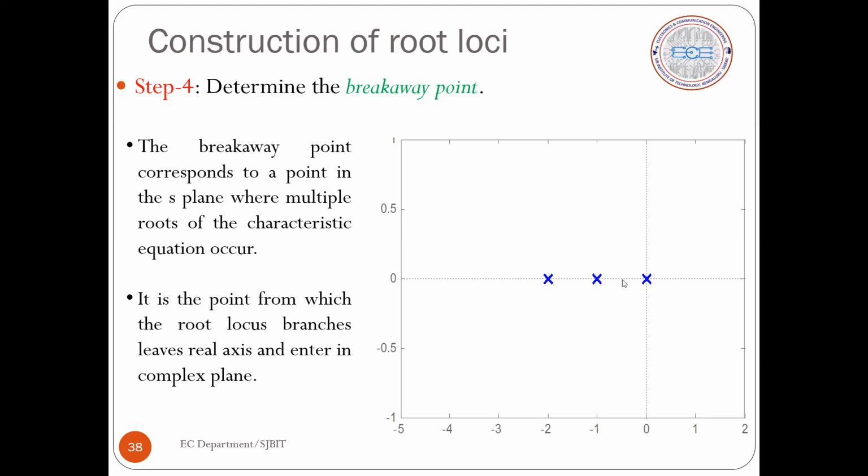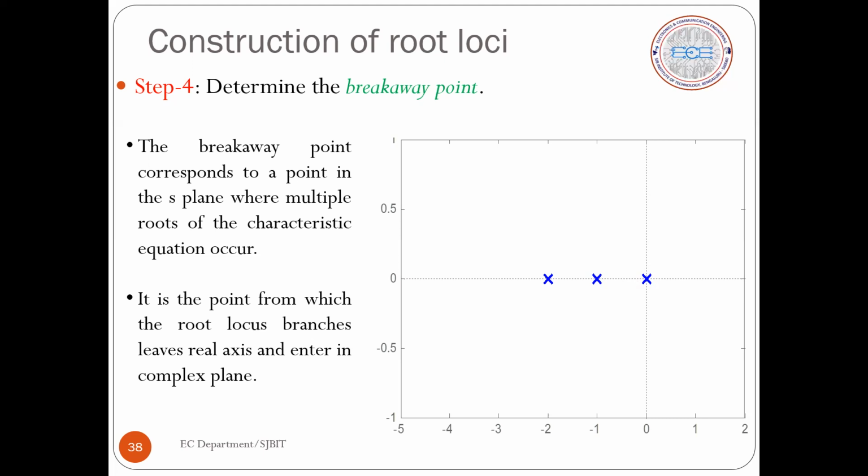One moves to the right, the other moves to the left, and both the root locus meet at a point and it branches. The branches will take the direction of the asymptotes and keep searching for a zero at infinity. Okay, that's the logic. So whenever root locus exists between two poles, we say that root locus originate from these two poles, meet at a point and break. That meeting point, we call it the breakaway point.